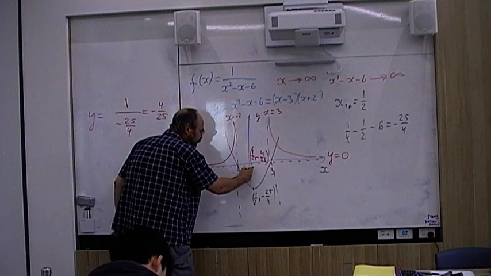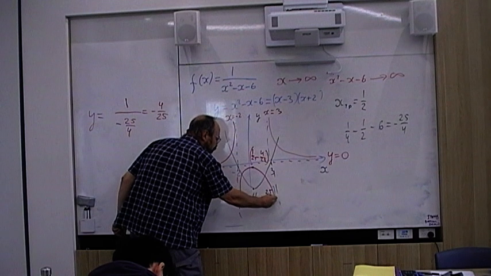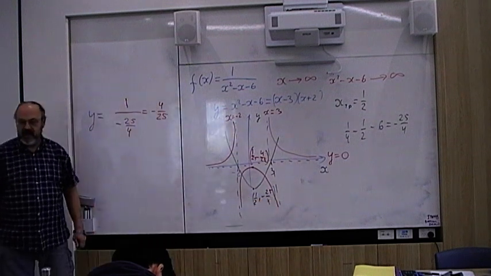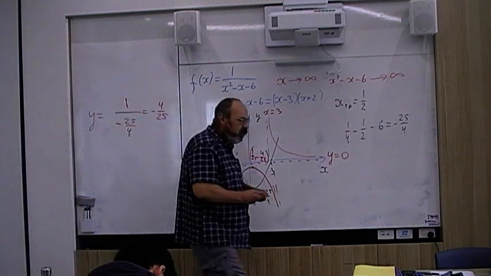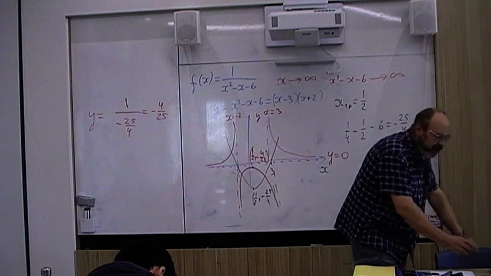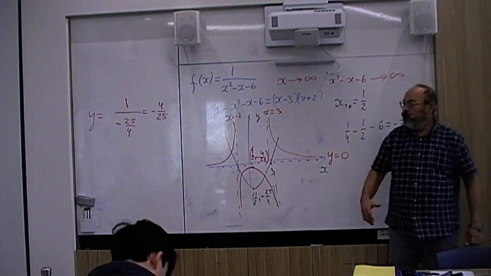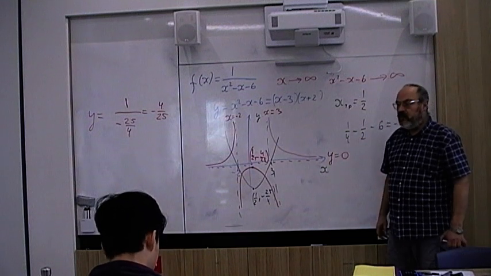And again, when we approach minus 2 and 3, it will be approaching negative infinity because the denominator is negative. So that's how we sketch these reciprocal graphs. We need to look at the denominator and sketch the denominator.